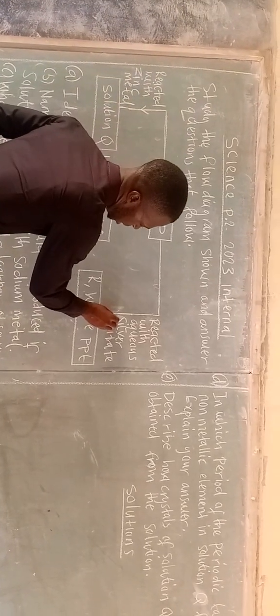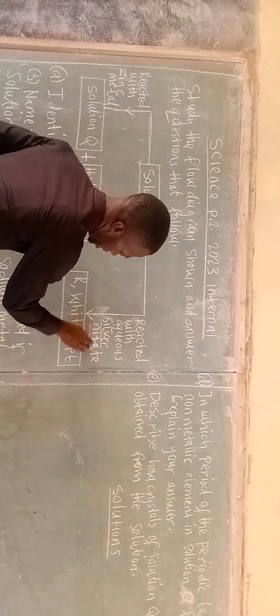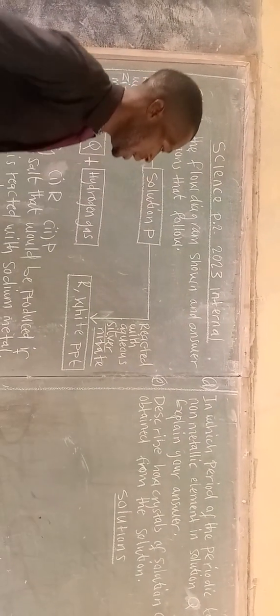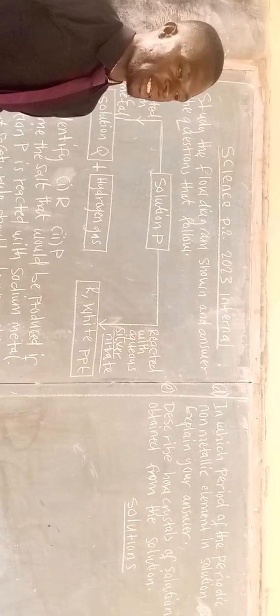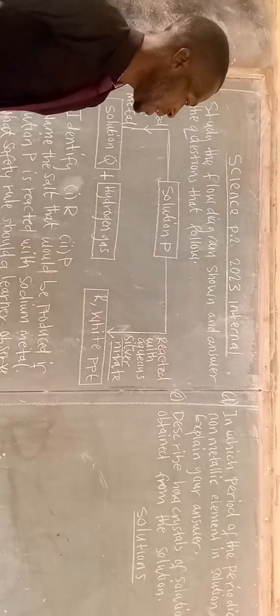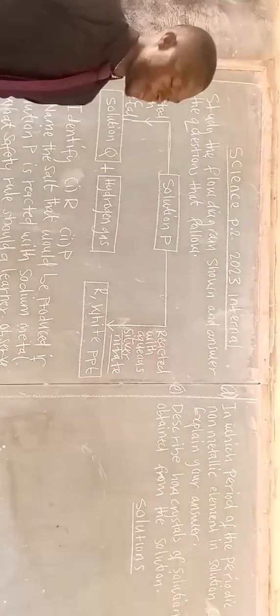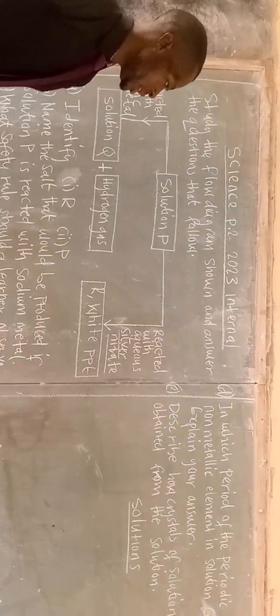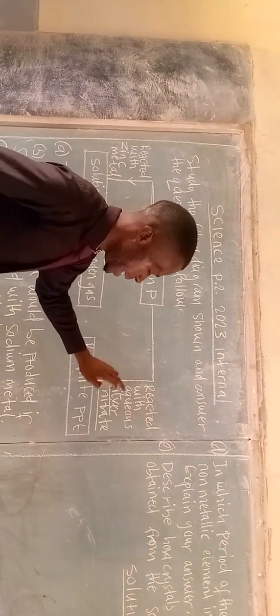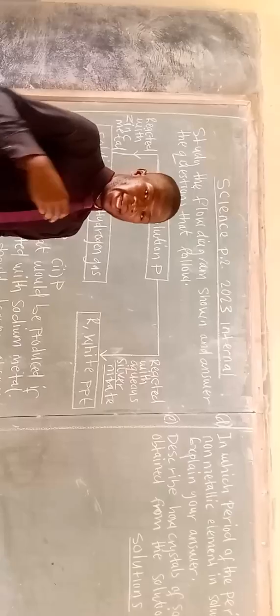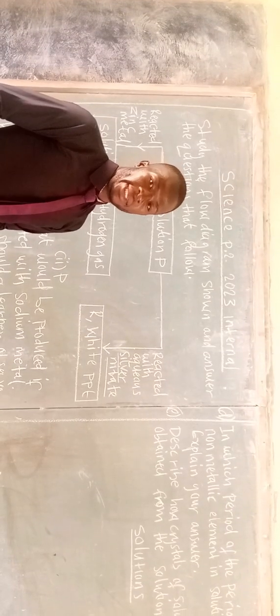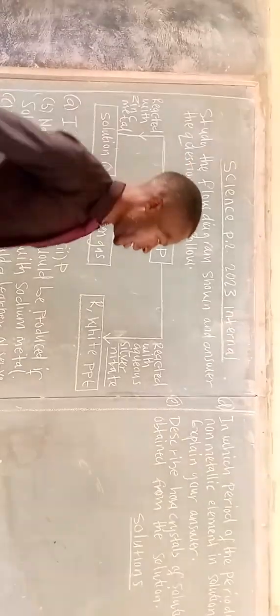Whenever silver nitrate is used, it means they are testing for a chloride ion. That is under the identification of anions. So whenever they use silver nitrate, it means they are trying to identify the chloride ions, which is the Cl.